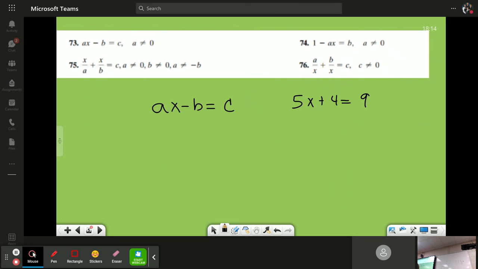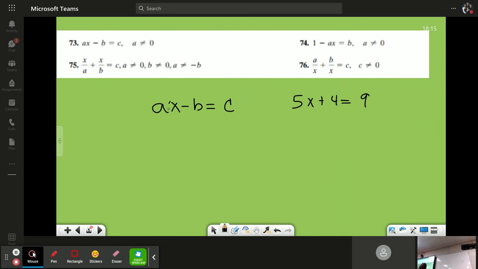What would be my first step on 5x plus 4 equals 9? What would I do to get started? Minus 4. Get rid of that constant, right? Okay. Well, that is that. So who over here is that 4? The b. So my first step is to get rid of that b, right?